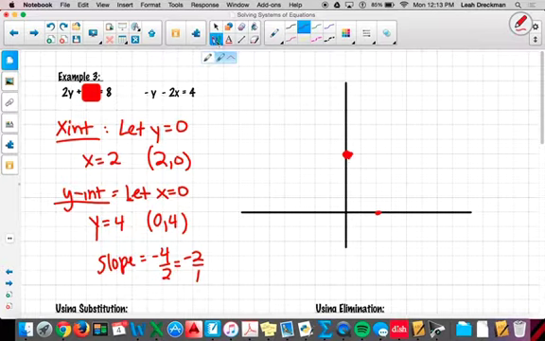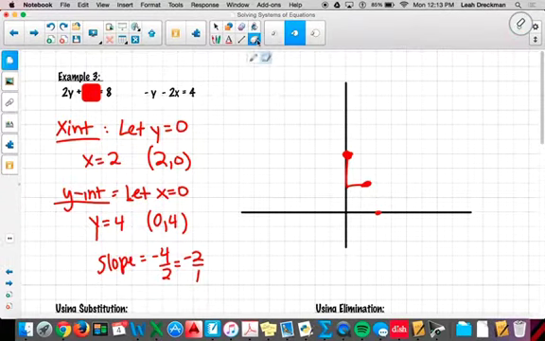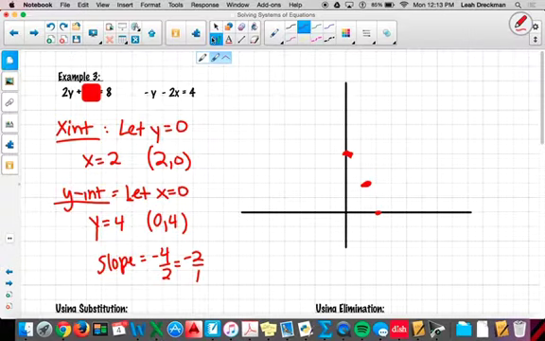So I'm going to start back up at my y-intercept and go down 2 over 1. And don't draw those lines in, I just did that so you could see that. But you can keep repeating that. Down 2 over 1, down 2 over 1. Go the other direction, down 2 over 1. And we should get enough points here to create our line.